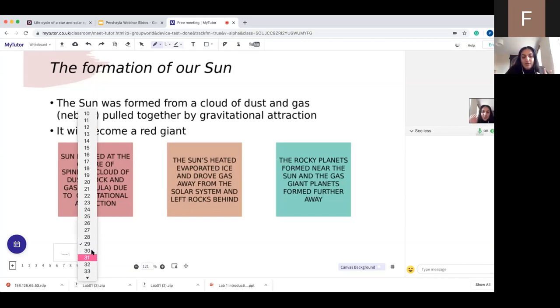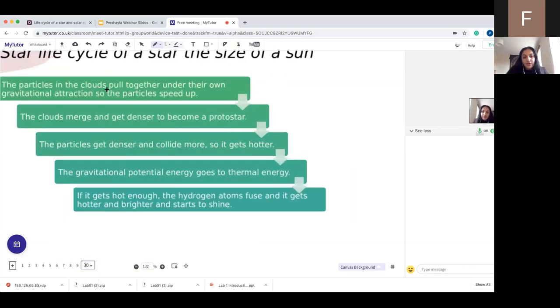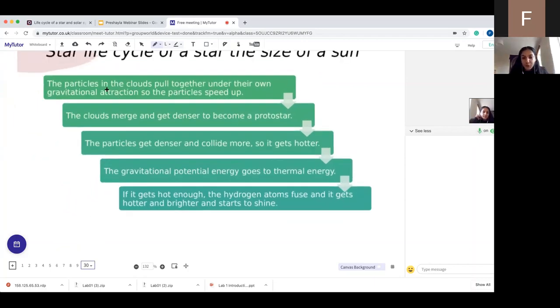Let's go a bit more in depth of the life cycle of a star the size of the sun. So how does it all work? What actually happens? What is the process that's going on? So the particles in the clouds pull together under their own gravitational attraction, and that means that the particles speed up.